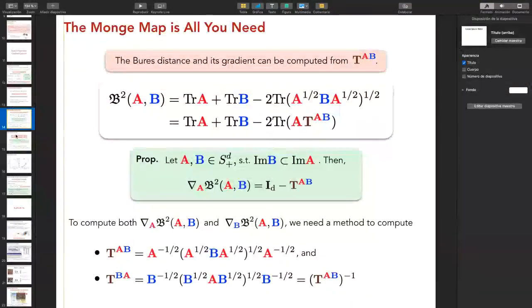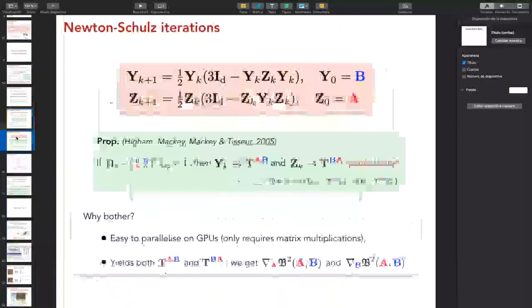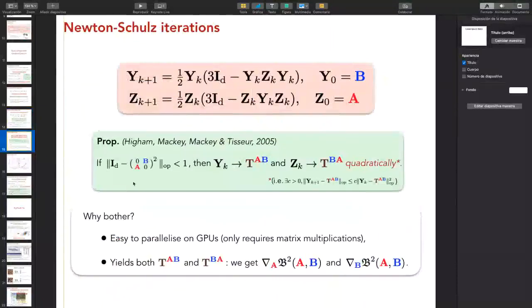Okay. Yeah. And how restrictive is this assumption to get quadratic convergence? You see, I mean, this identity minus this block matrix. Yes.